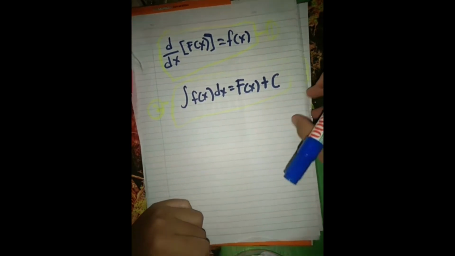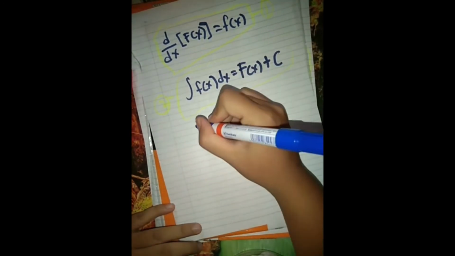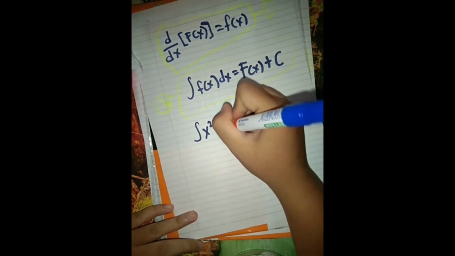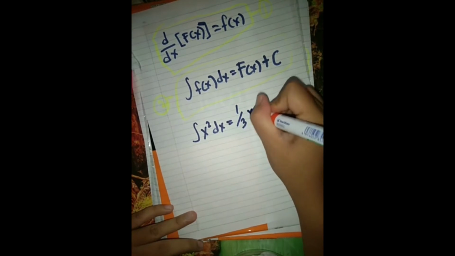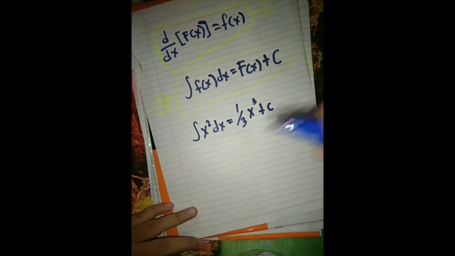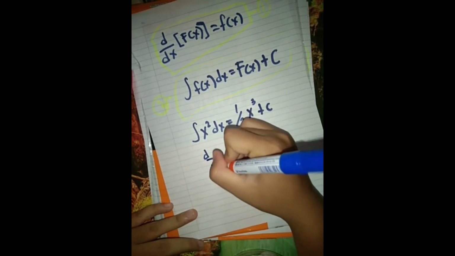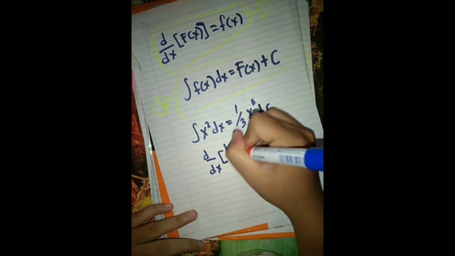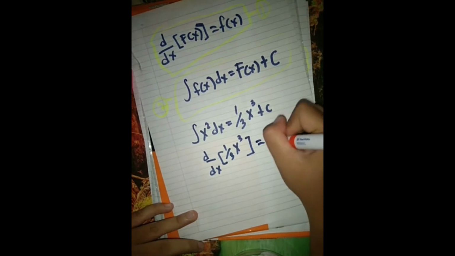For example, the integral of x squared dx equals 1 over 3 x cubed plus c is equivalent to d/dx of 1 over 3 x cubed, which is equal to x squared.